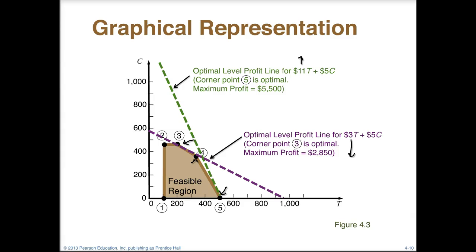Effectively, taking the case of going down $4 in profit on the tables, what we're saying is that we need to make fewer tables and more chairs to achieve maximum profit.